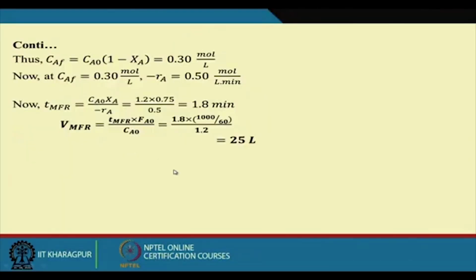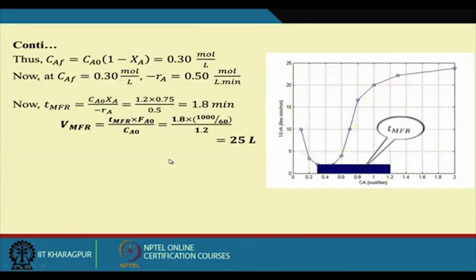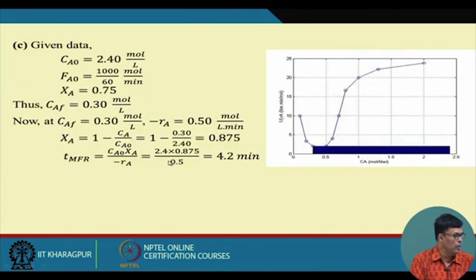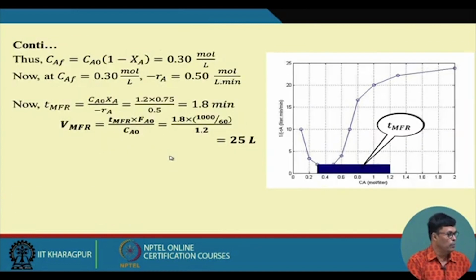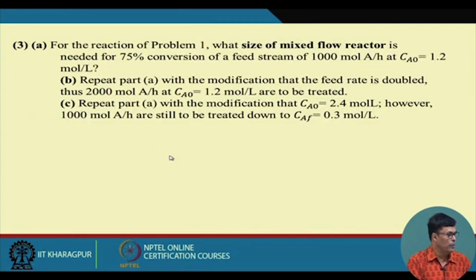Now, we have solved this, and we have calculated 0.5. The next problem is to repeat part A with the modification of Ca0.